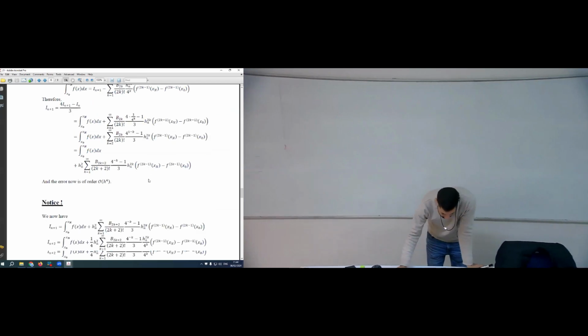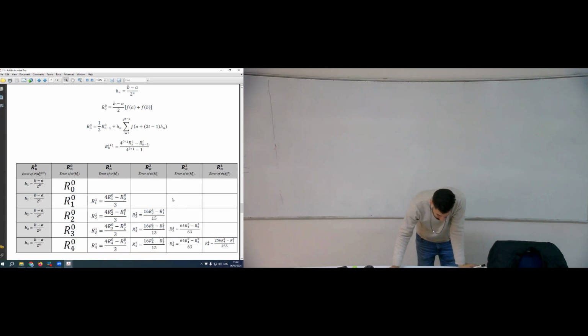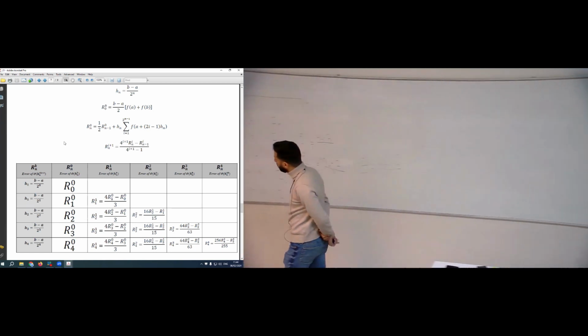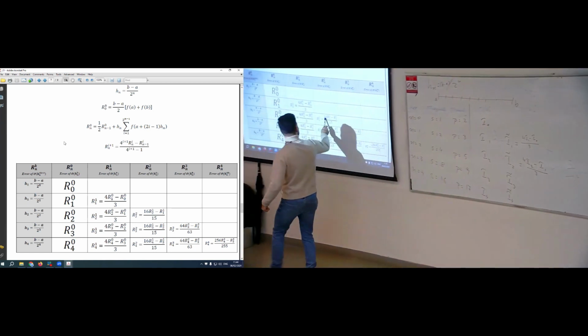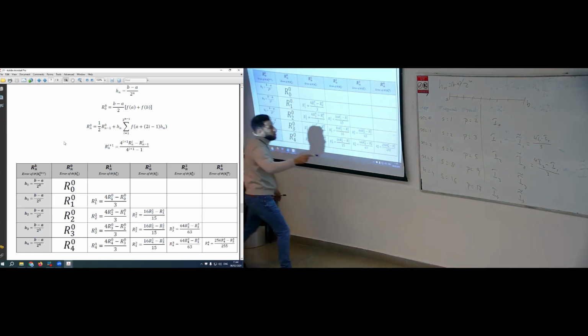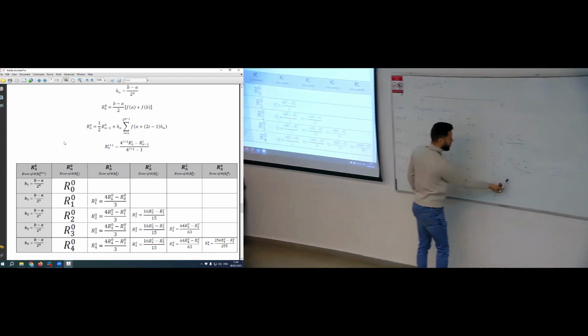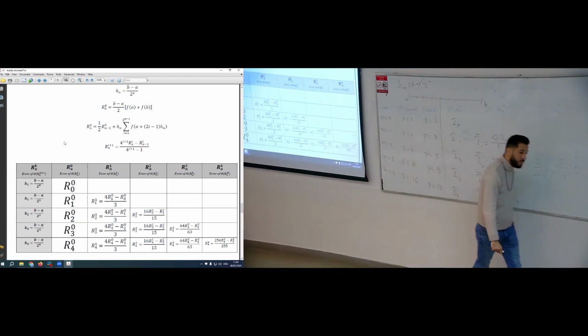Therefore, let's build the triangle. So that's our triangle. Here we have 4 to the I. That's our way: again, we calculate this at first, and we calculate this recursively, and after that we calculate each column from the previous column.